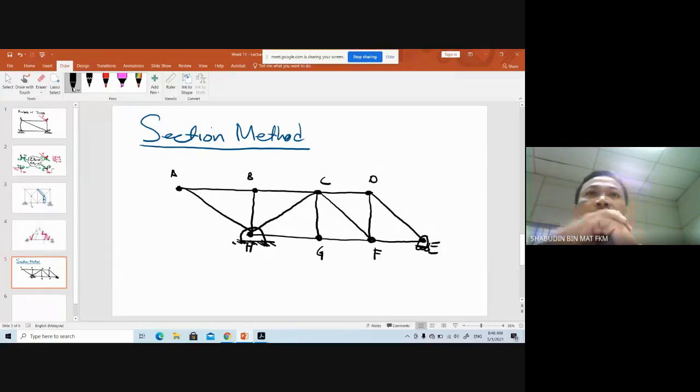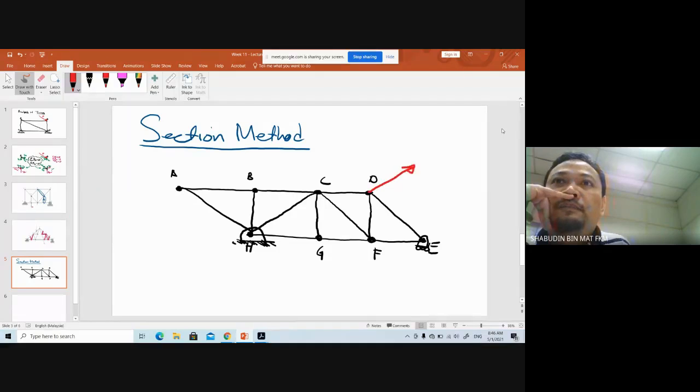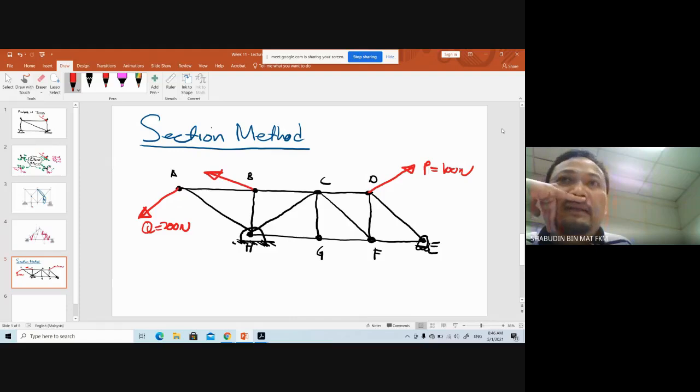So you apply many forces on the structures. You apply force at point D, P is equal to 100 Newton, and so on. And here you apply force Q is equal to 200 Newton. And at point B, say, 300 Newton.